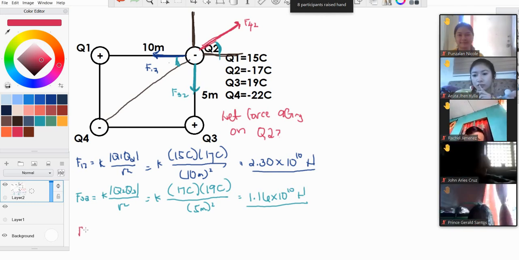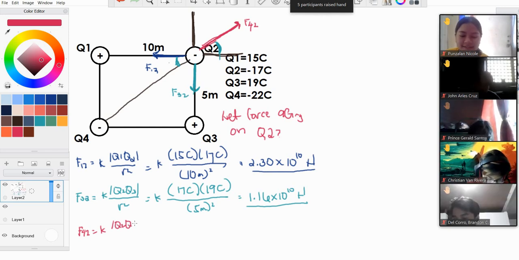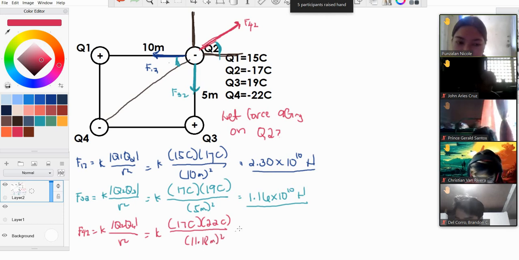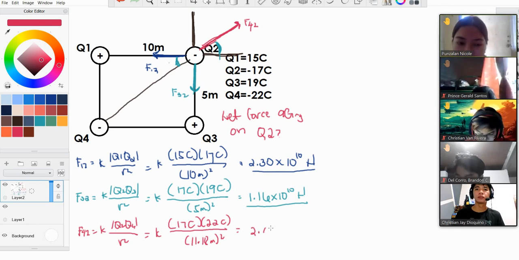F42, Nikki. Q2, Q4: K times 17 C times 22 C over 11.18 meters squared. My answer is 2.69 times 10 raised to 10 newtons.